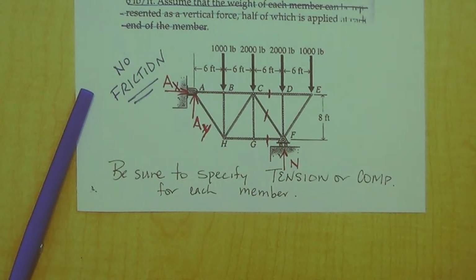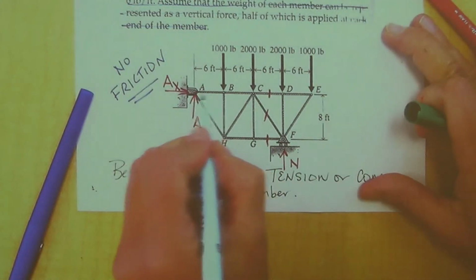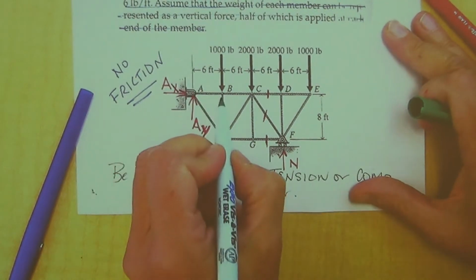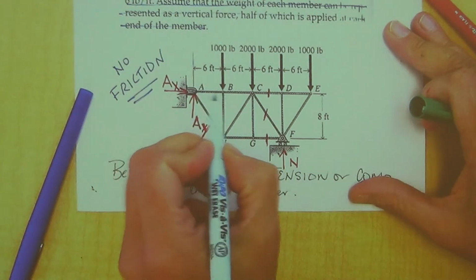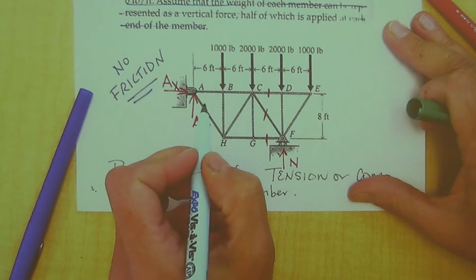And because it's a truss and these are all 2 force members, what's the force like inside AB? Is AB a 2 force member? Yeah. So what does that mean? Where's the force of AB?